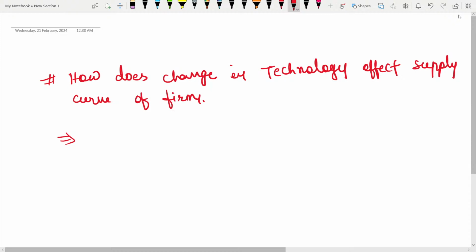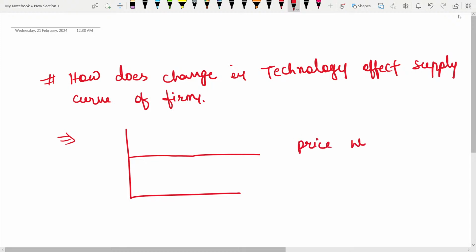So now let us discuss one by one. This is the existing price, because, as we all know, if we are talking about factors that affect the supply curve other than price, that means price is constant. So here price will be constant because we are talking about technology, and technology itself comes under other factors.